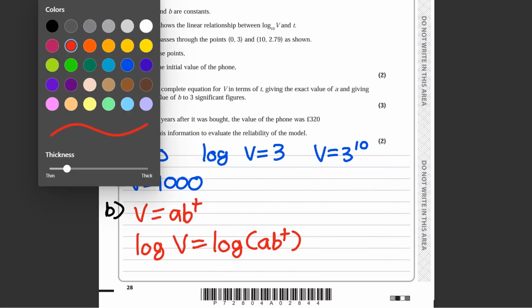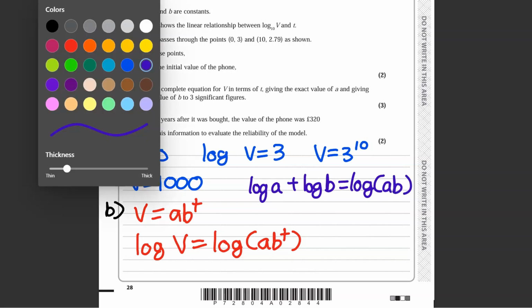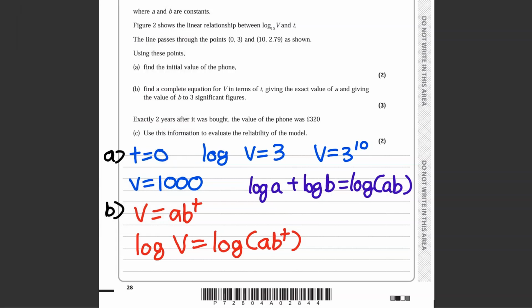If you remember the laws of logs, if you have 2 logs that are added together, for example log a plus log b, you can combine them into one log by multiplying what's together in the log. So it's going to be log ab. We have this here in the opposite way.